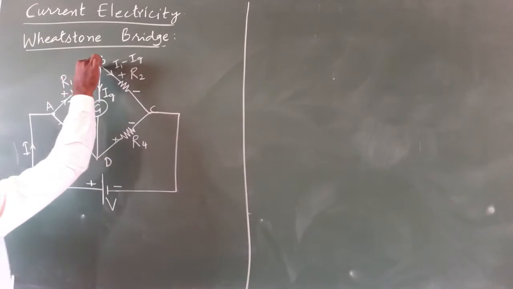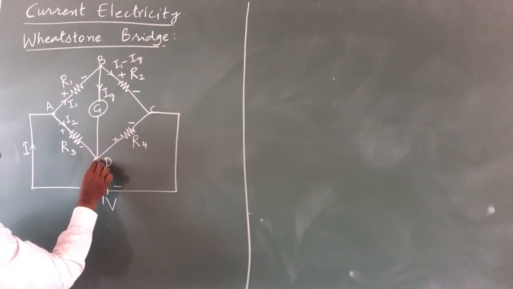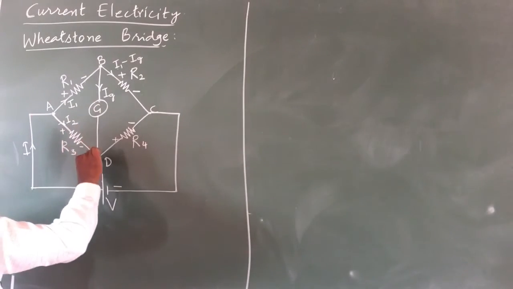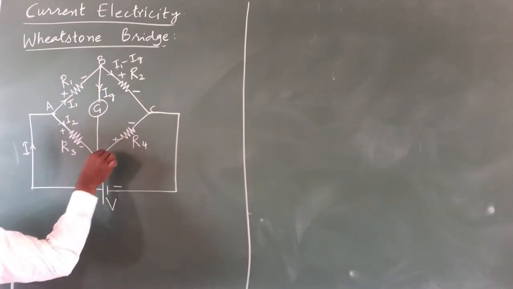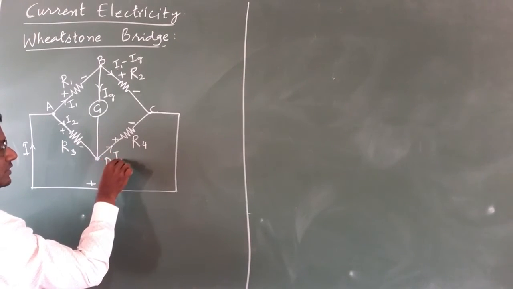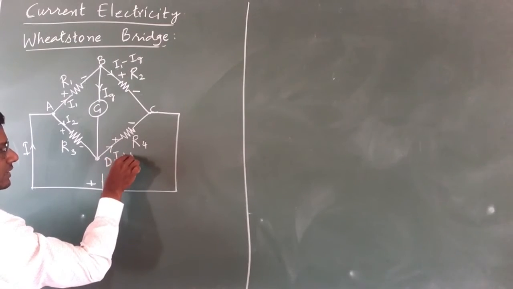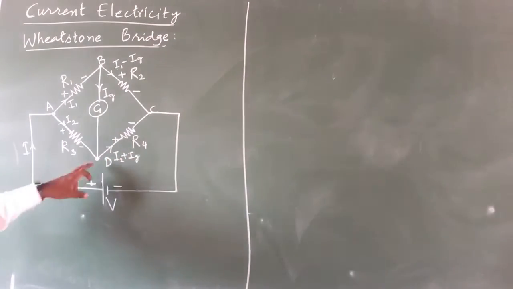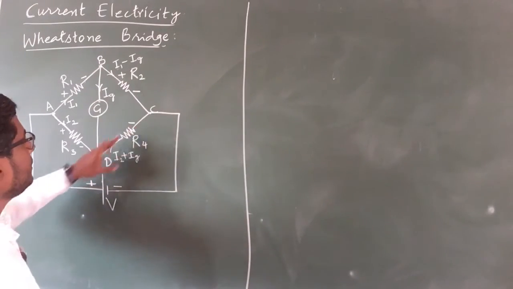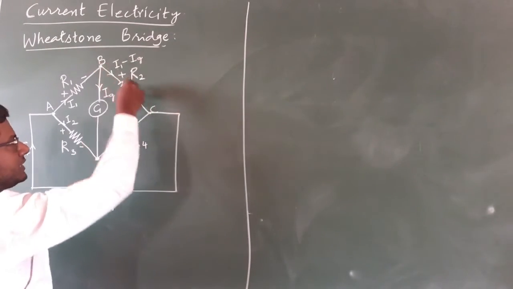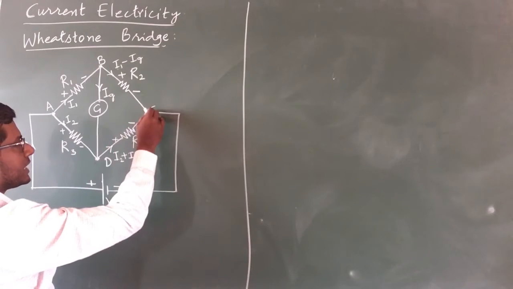Now just like we did with point B, the same thing I do with point D. What is happening here is I2 is arriving, also Ig is arriving, so both will be with positive signs. So this one will be I2 plus Ig. So 2 currents are getting added at this point D. Then these 2 currents will meet at point C. I1 minus Ig is arriving from here, I2 plus Ig is arriving from here.